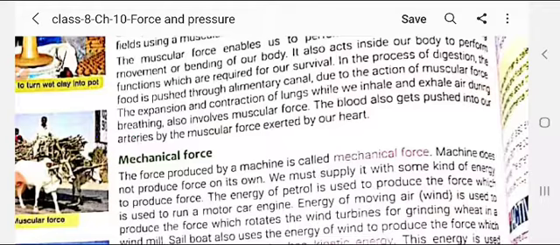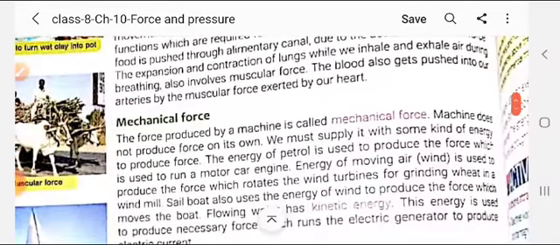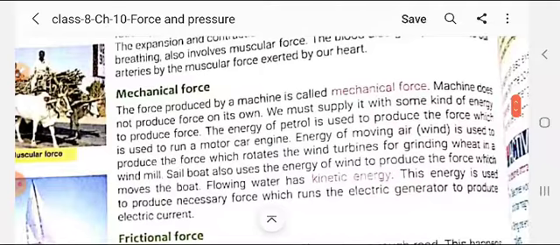The blood also gets pushed into our arteries by a muscular force that is exerted by our heart. So here also you can see, student, outside the body as well as inside the body there is application of the muscular force, which comes under the contact force.